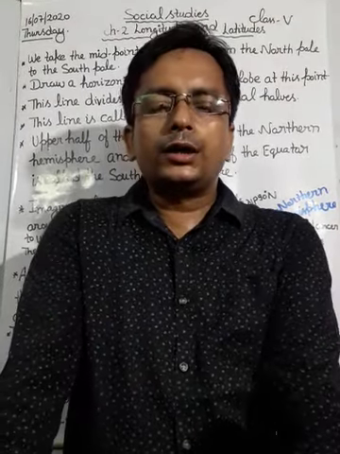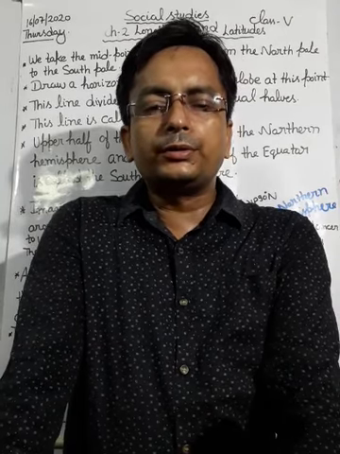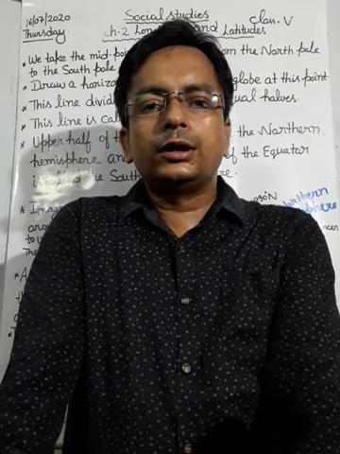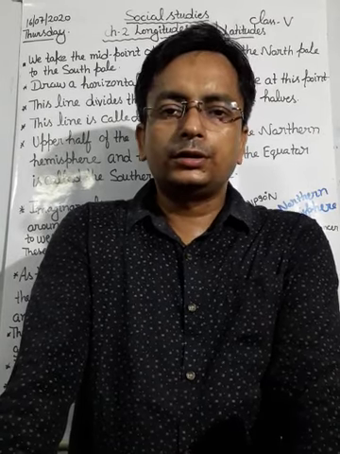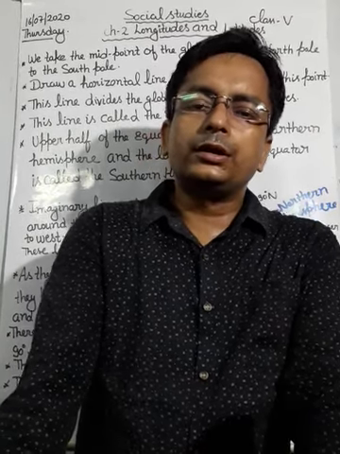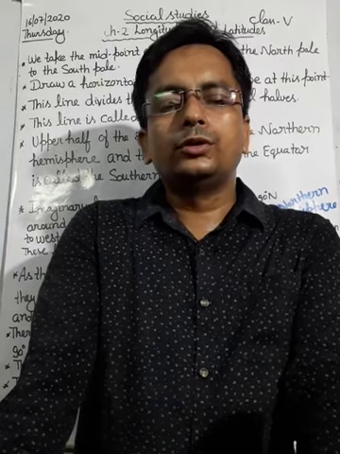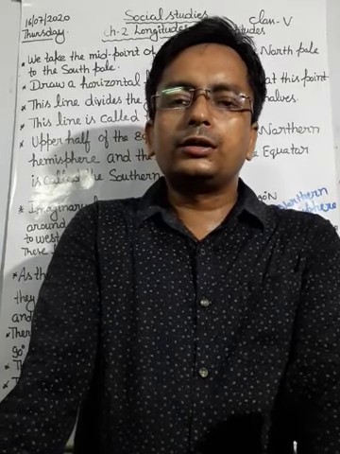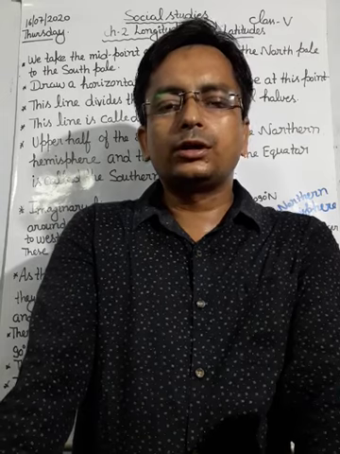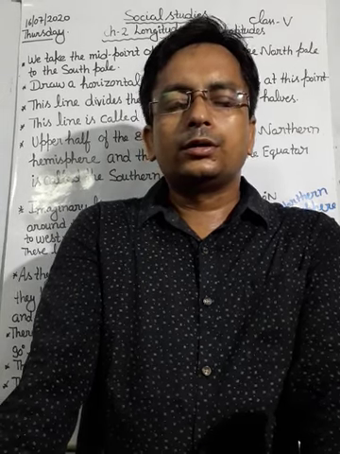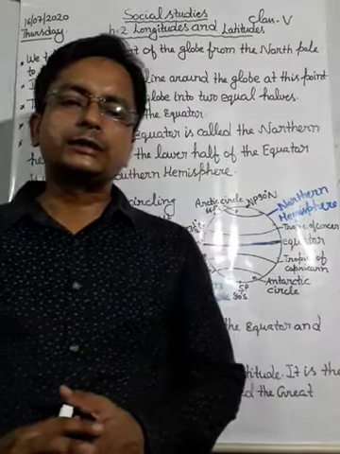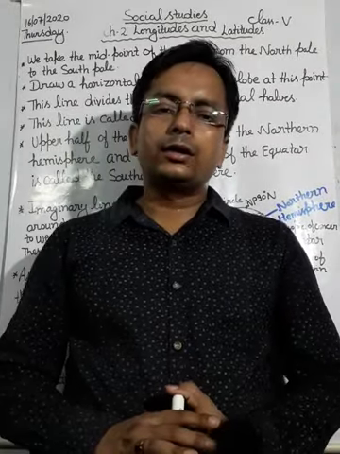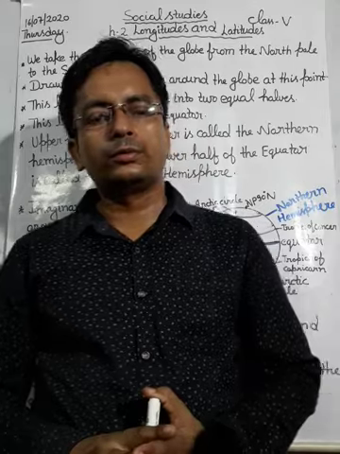And my dear student, here I want to discuss something. When we started the lesson, I asked you, if we have to locate any place on the earth, by which thing can we locate exactly a place on the globe?